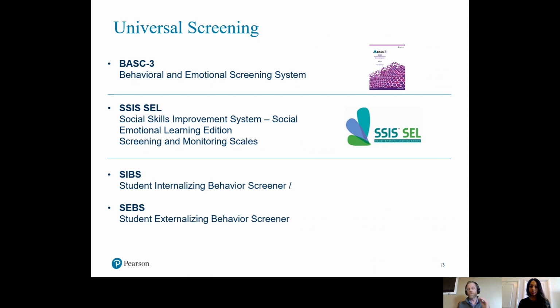So again, these are 3 different standardized assessment tools that provide objective scores, data for you to, again, be confident in the decisions that you're making in the identification process and being able to support all of your students. So that's just the gist of the universal screening.